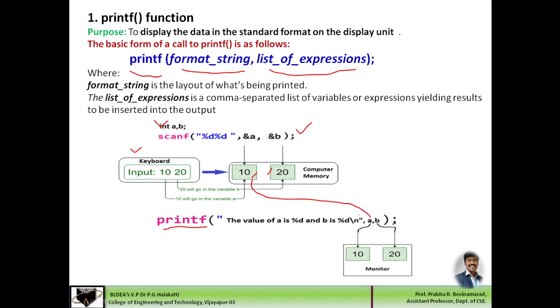So here a represents this particular memory location and b represents this particular memory location. So this %d stands for the a variable, and this %d specifies the b variable. So here I am specifying I want to display integer type of the data on the screen, that is the monitor.